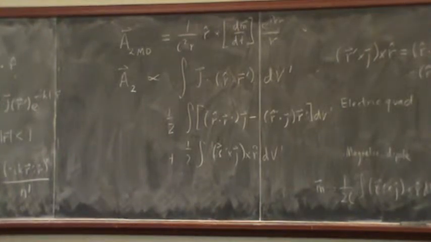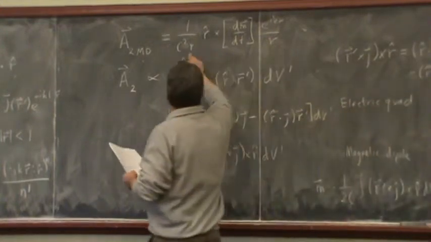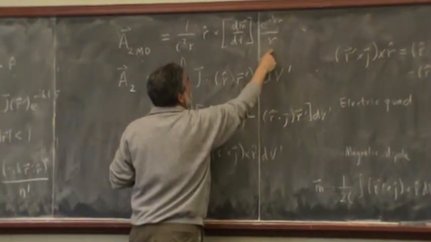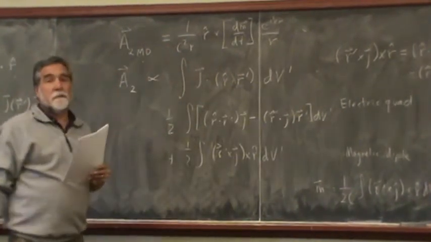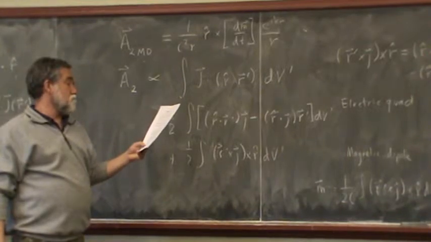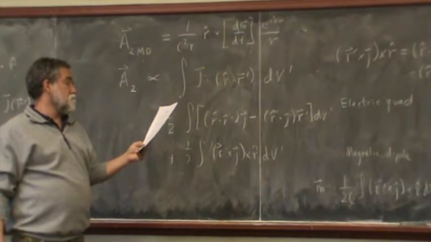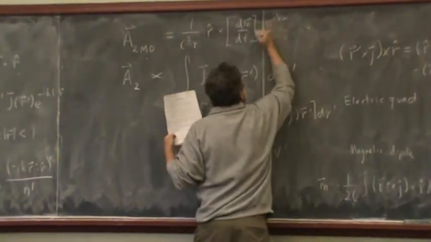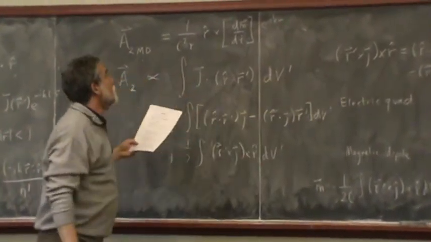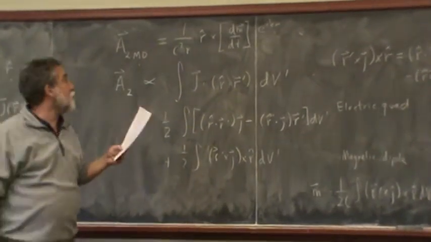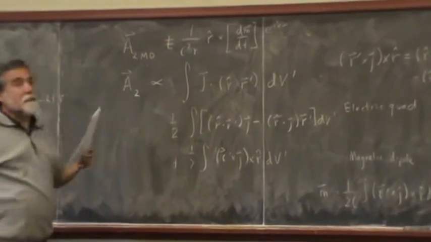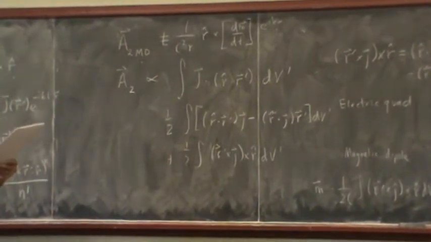I suspect that I've dropped a factor of 4 pi over c here somewhere as well. But that's the basic idea. The vector potential drops then as 1 over r squared. I think I just dropped the e to the ik on it. I'm going to leave it like that and see if I correct it. All right, I will check that to make sure.